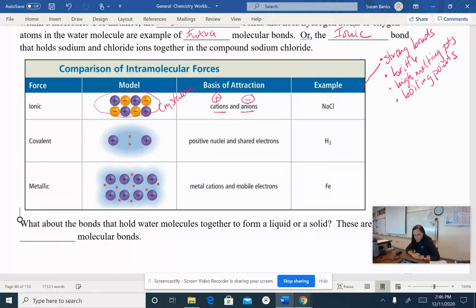Okay? Now, covalent, we're sharing these electrons between these two atoms, okay? The positive nuclei attract the electrons between the two nuclei, okay? Our example here is hydrogen. Now, these are relatively weaker bonds than ionic bonds, so we have lower melting points and boiling points.